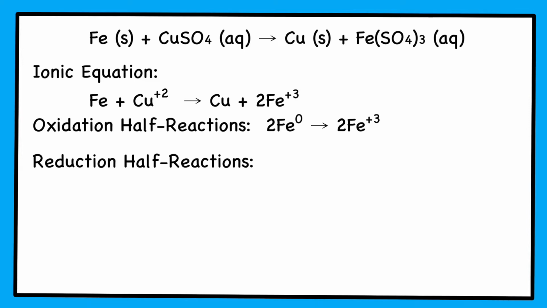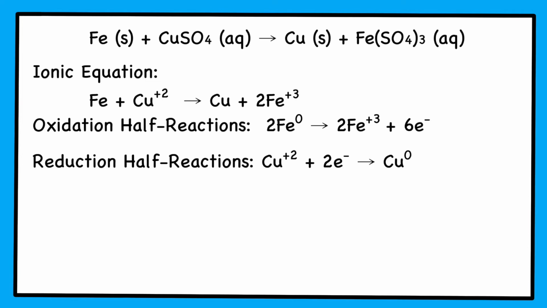And our reduction half reaction would say Cu2+, whose oxidation number, again, is plus 2, yields Cu, whose oxidation number is 0. Our next step is to balance each reaction with electrons. We do this by adding 3 electrons to our oxidation reaction on the product side and adding 2 electrons to the reactant side of our reduction reaction. This way everything balances out. Our number of positive charges and negative charges equal out.